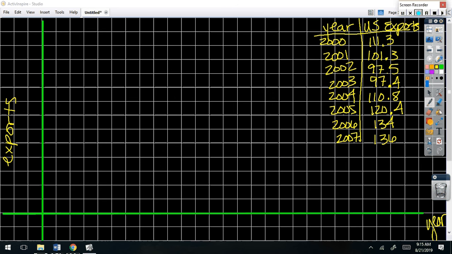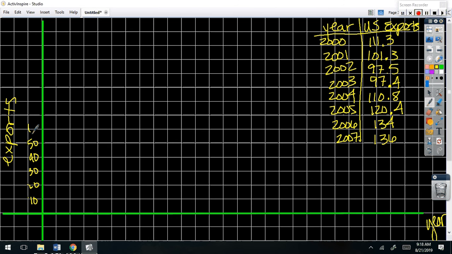All right, I know some of y'all are still copying, but let's see. I need to get up to about 140, 135, 136. I think I can go by 10s on mine. So whatever you need to go by on yours, we'll work together.